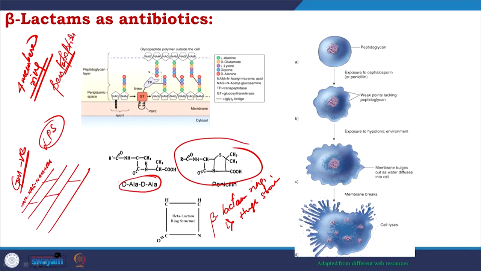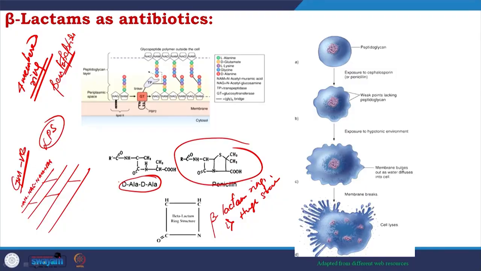transpeptidase. Because the cross linking involves this DLR, in the active site of the enzyme transpeptidase, they have to bind DLR, right? And if you look at DLR and look at the structure of penicillin, chemically these two structures are very similar.